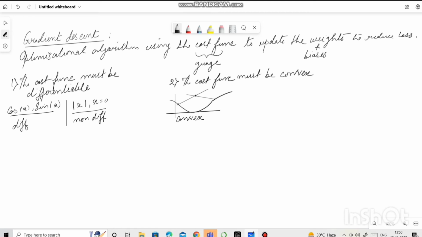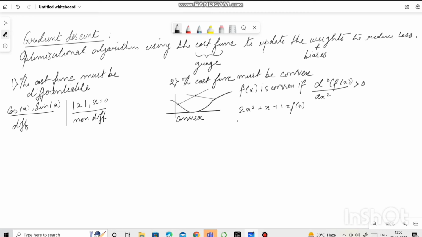In mathematical terms, we might define it as a function f of x is convex if the second order derivative of f of x is greater than 0. An example of it would be 2x square plus x plus 1.